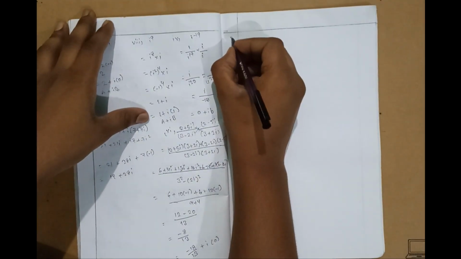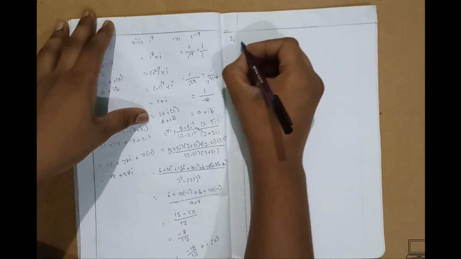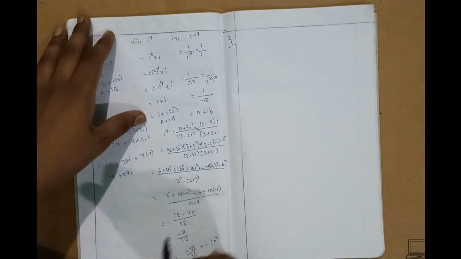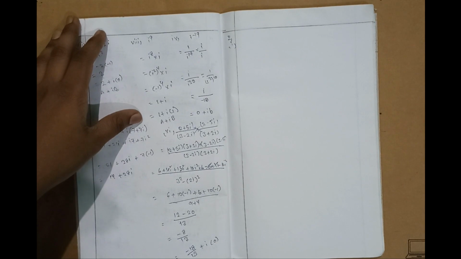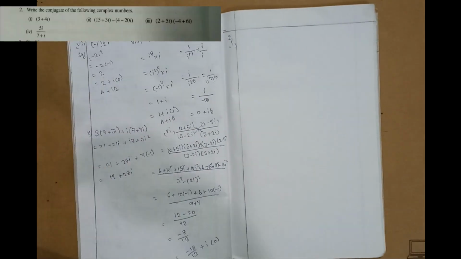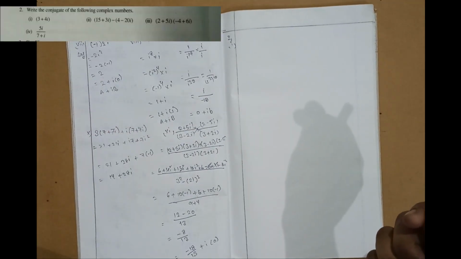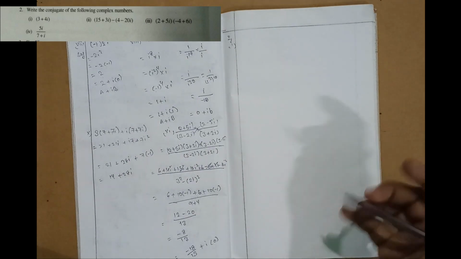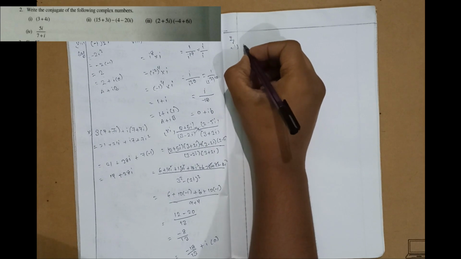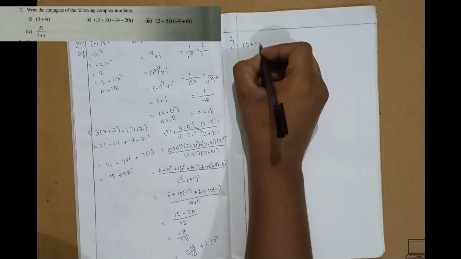Now second bit, first one. Here they are saying to find the conjugate. Conjugate means, let's take an example, the first one 3 plus 4i.